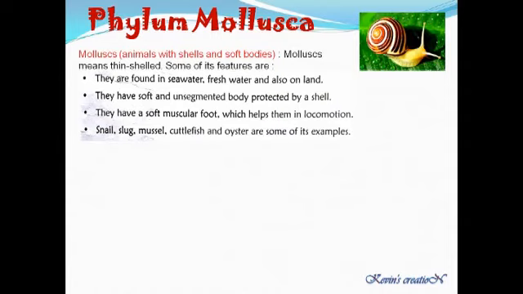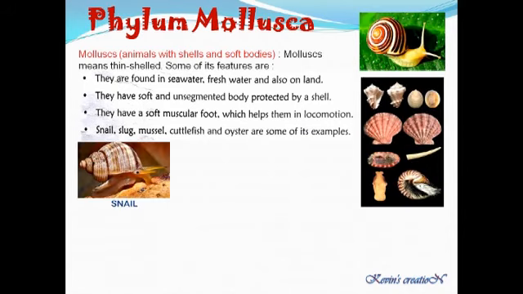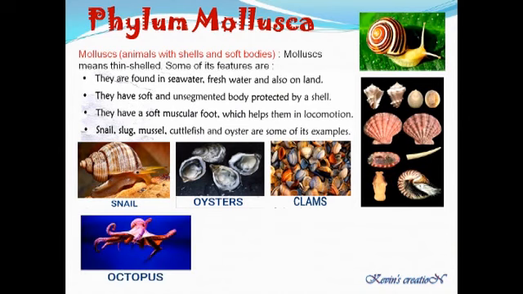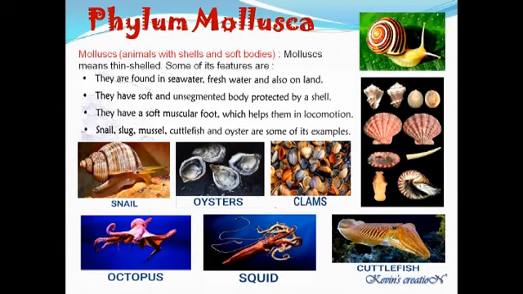They have got soft muscular foot which helps them in locomotion. Now examples you see: snails, oysters, clams, octopus, squid, and cuttlefish. So this was phylum Mollusca, the soft body animal which is protected by a thin shell.